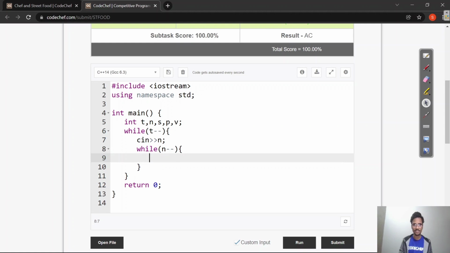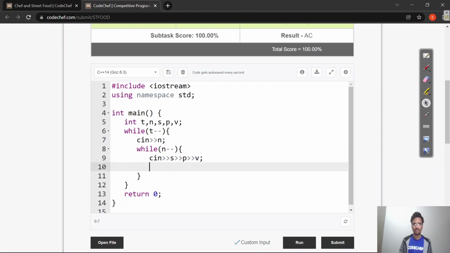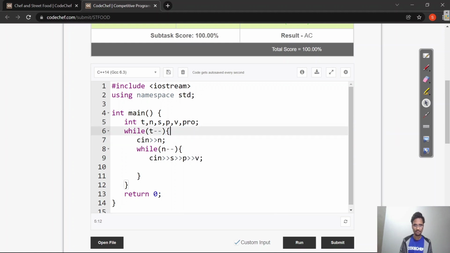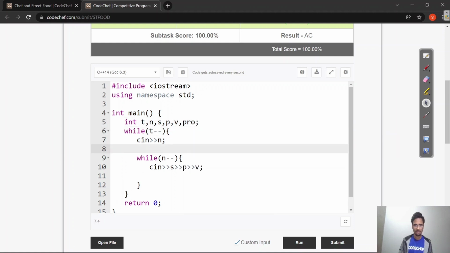Okay, every time we will take 3 inputs, so cin, first one is s, second one is p, and third one is v. Okay, now we have 3 inputs, and here take a profit pro. Just take pro equal to 0 here.